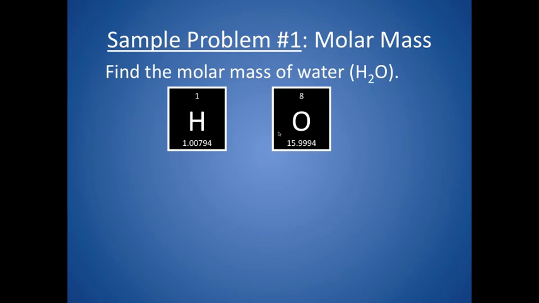And you add up the mass of what's in water. So there's 2 hydrogens, and this is rounded to 2 decimal places. And then oxygen, again rounded to 2 decimal places, 16.00. There's only 1 of those. So if you add that all up together, you get 18.02 grams per 1 mole. So 18.02 grams equals 1 mole.